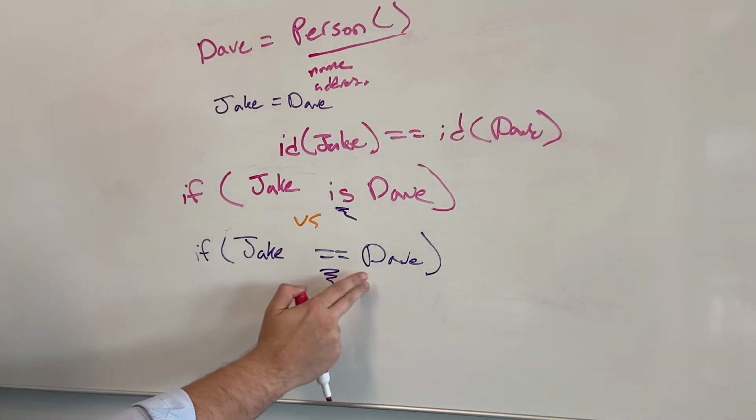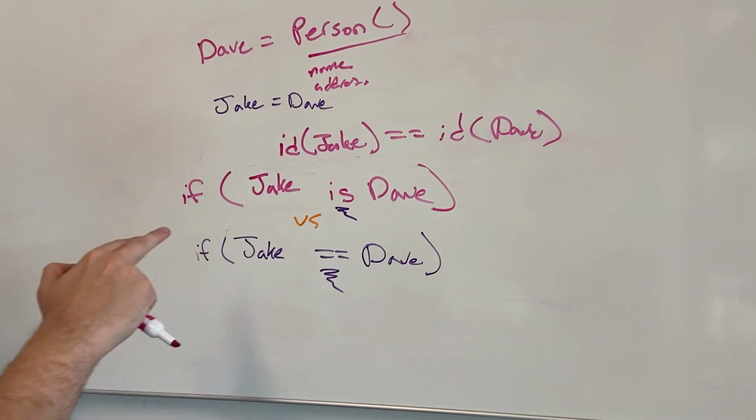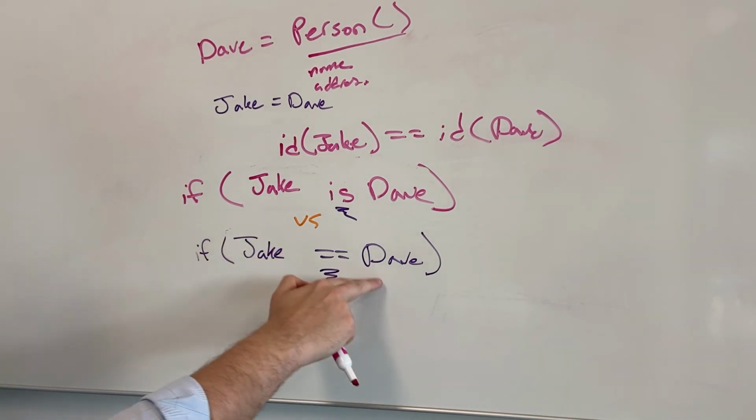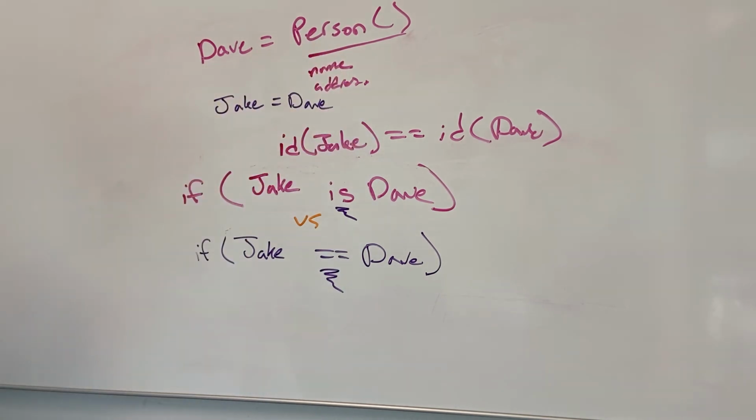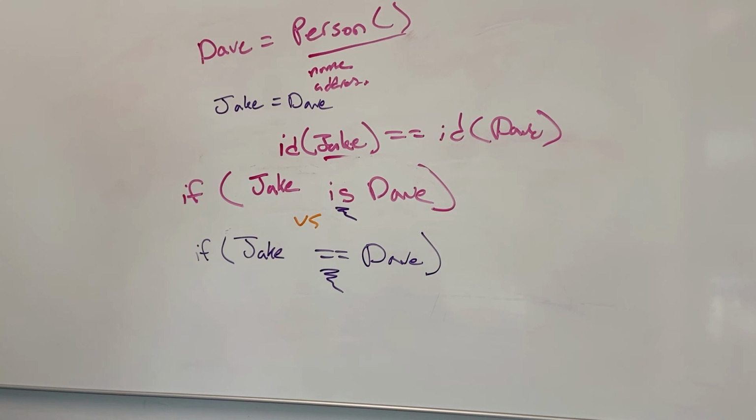Whereas if we have an equals operator, we're going to be looking at the value of Jake, so whatever Jake's name is, is it equal to Dave's name, all in this person object. And that's why in Python you might also see, if variable name is None: if this object didn't exist in memory, it would return None.